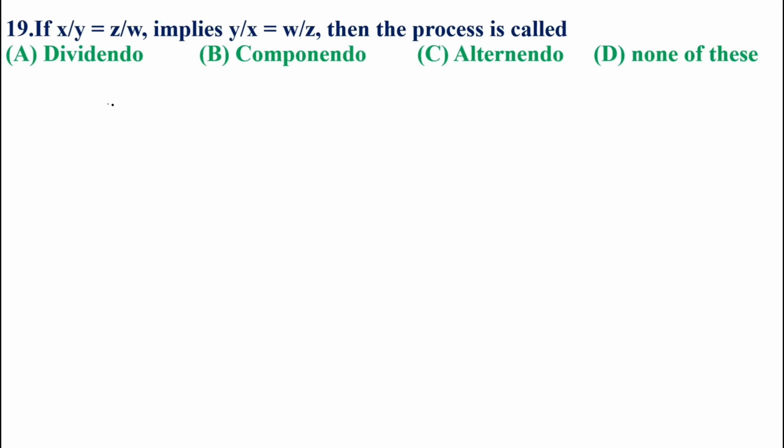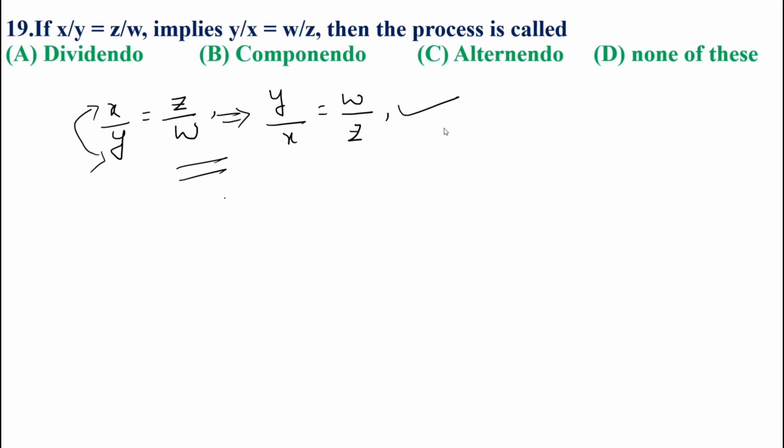They have given x by y is equal to z by w, and y by x is equal to w by z. Which property does this belong to?